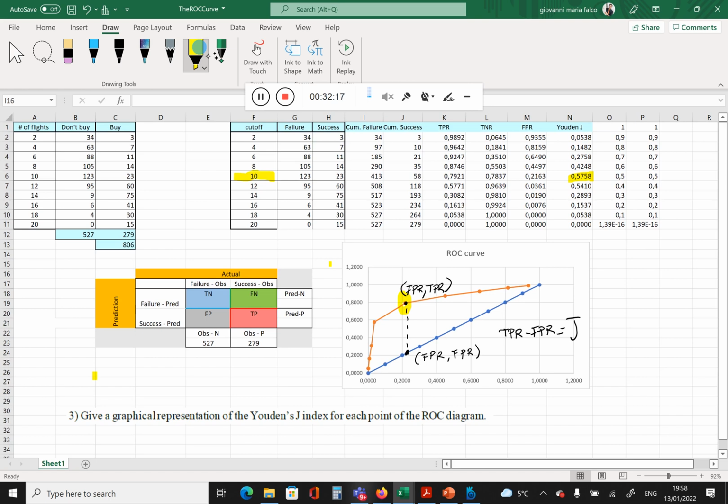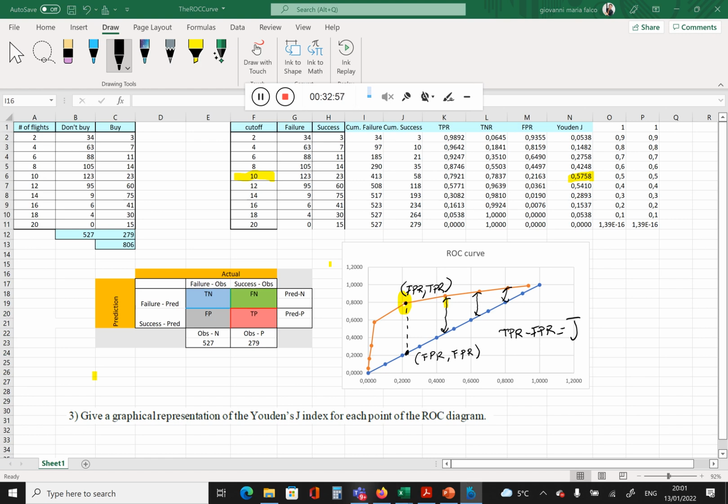We have derived this for this value of 10, but for this other point you will have this j, or this j, or this j. Here it is also difficult to draw, but I think you understand. It is the distance of each point from the diagonal line, because the diagonal is the reference of no information at all, when you take the decision based on chance.